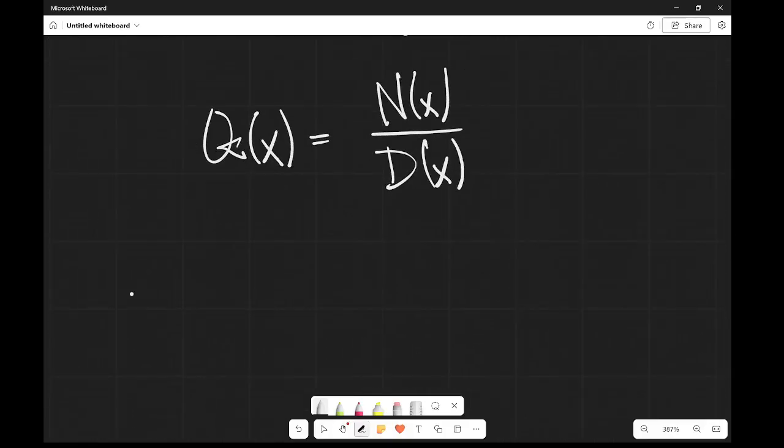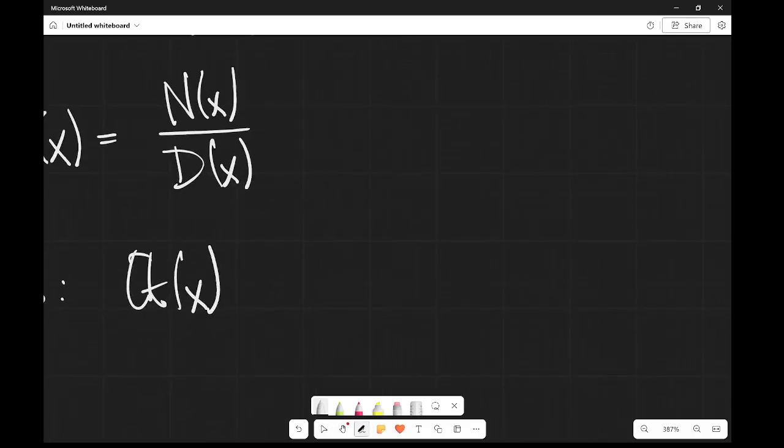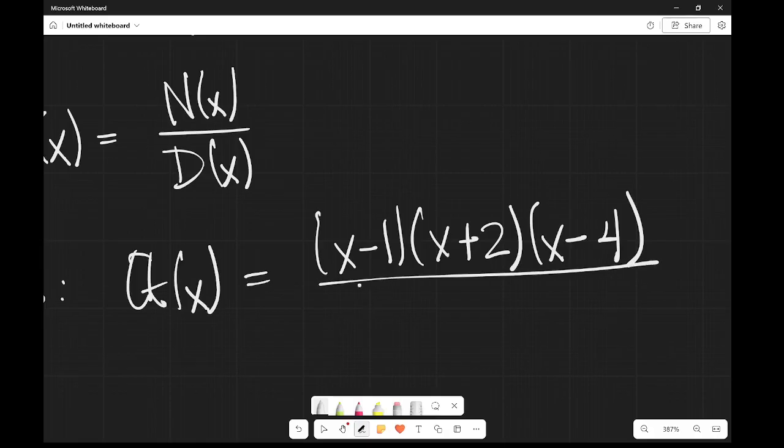Our example here, we are going to be given some rational function q of x. And like I said, I'm writing this out in factored form, but a lot of the time you'll have to do this factoring step yourself.